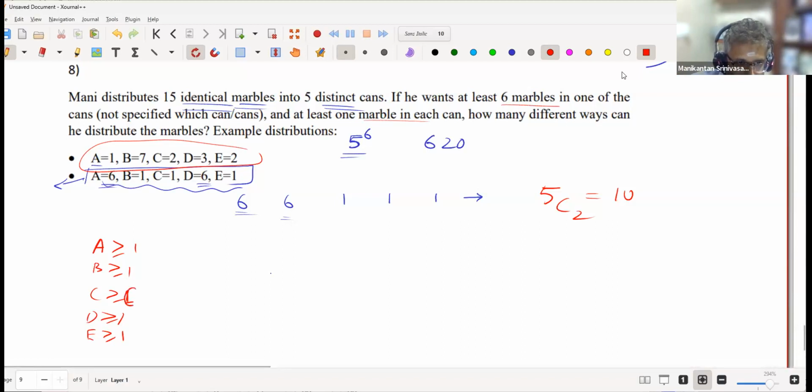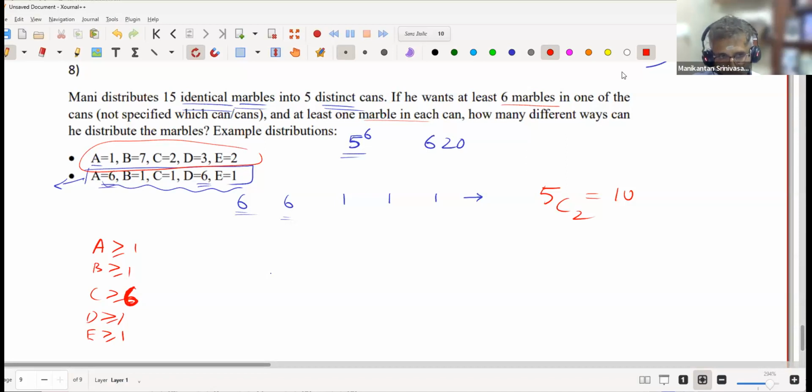Let's say C gets more than 6. So we want a distribution of 5 numbers where this becomes a little tricky. I thought it was easy only. I mean, we can still do it.